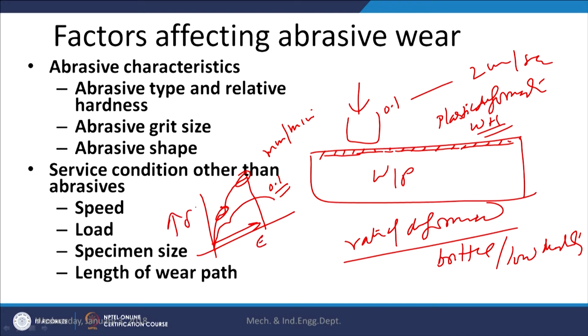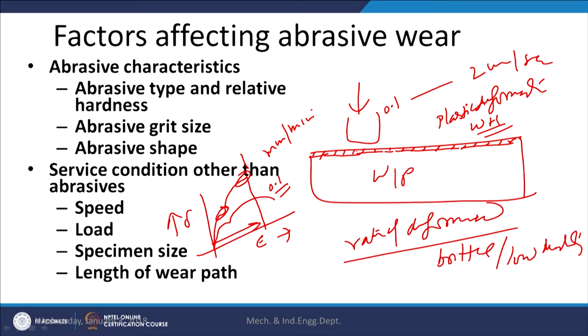On this side we have stress and on this side we have strain. So, higher strain rate tends to increase the yield strength and hardness and reduces the ductility.